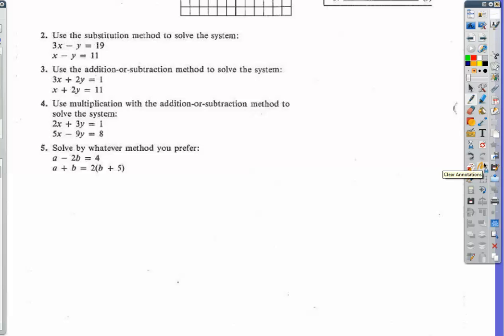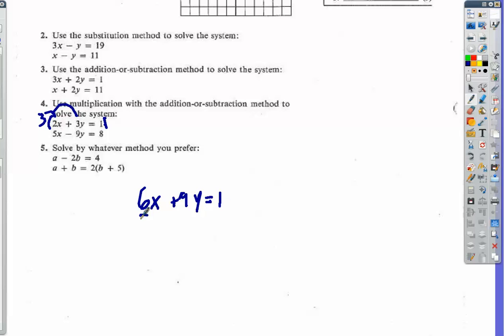So I notice here that we don't have opposites, but if I multiply this top equation by 3, I will get my opposites. So I'm going to multiply this whole thing by 3. 3 times 2x is 6x. 3 times 3y is 9y. And that's equal to 3 times 1, which is 3.